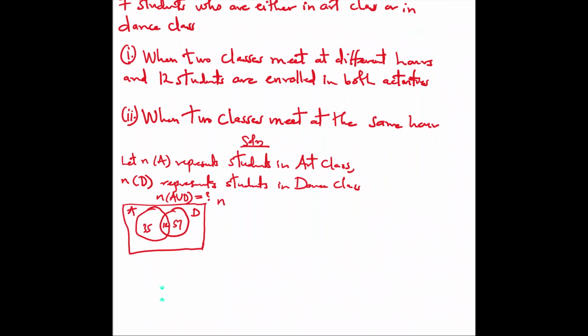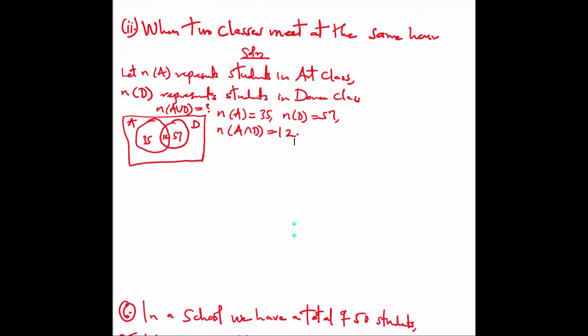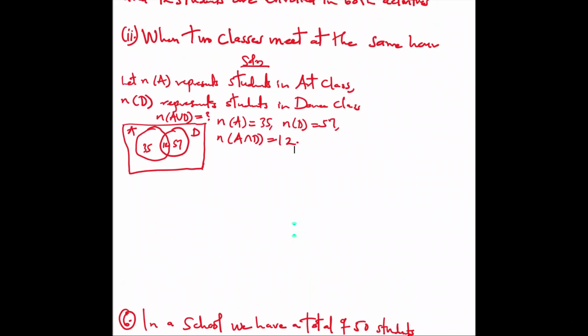Now the number of students in art class is 35, the number of students in dance class is 57, and A intersection D is 12. So the first question says when the 2 classes meet at different hours.